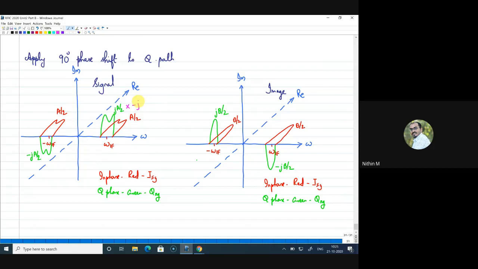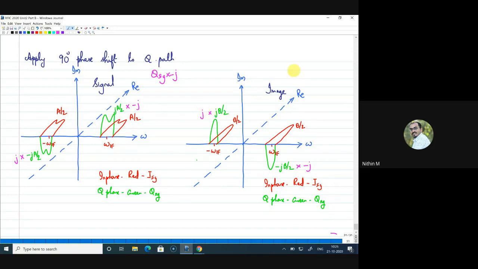So the Q signal is multiplied by minus j on the right side, and on this side I'm multiplying by j. It is minus j signum of omega. Similarly, I have to perform the same operation here. This has to be multiplied by minus j, and this has to be multiplied by j.